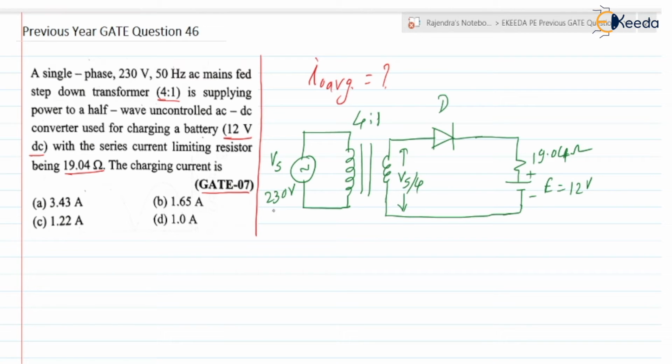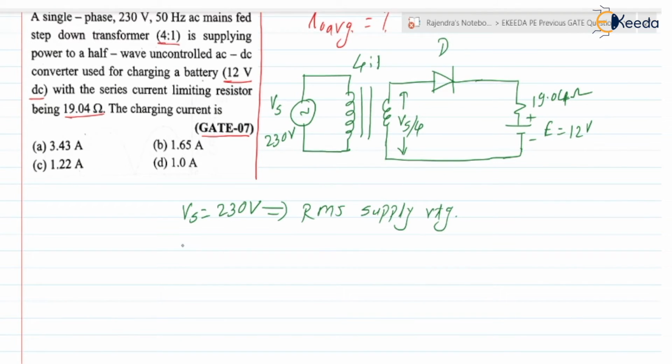Vs is equal to 230 volt, this is the RMS supply voltage. Can we write the instantaneous expression of Vs as 230 into root 2 into sine of omega t?